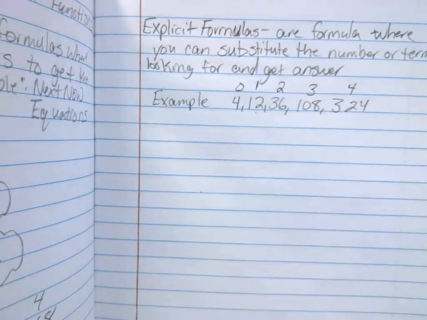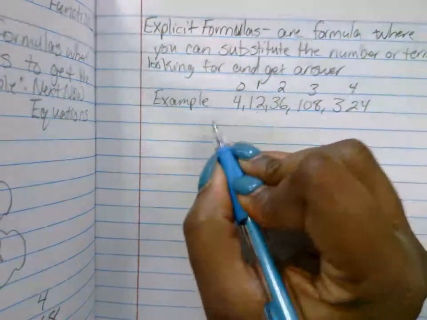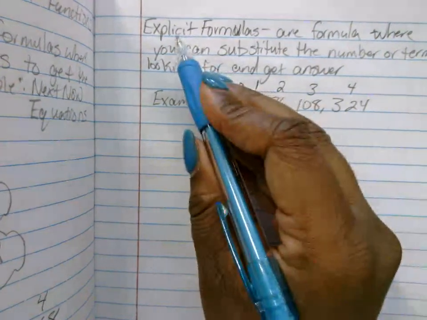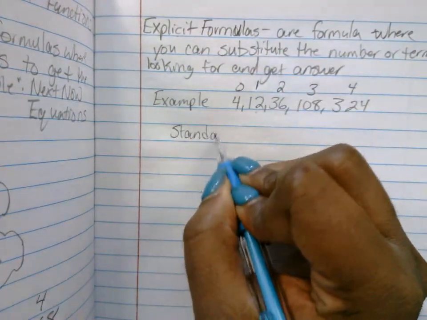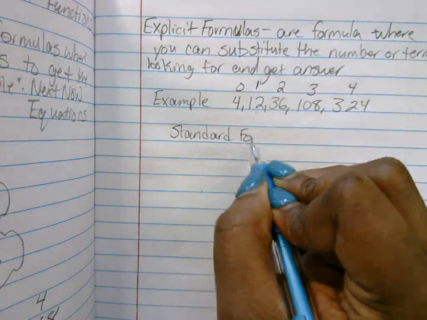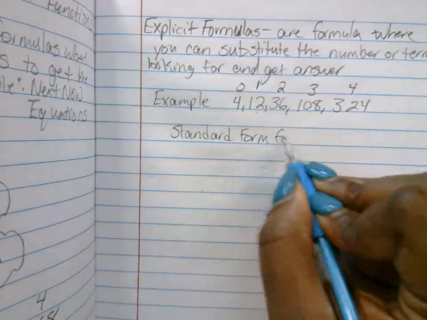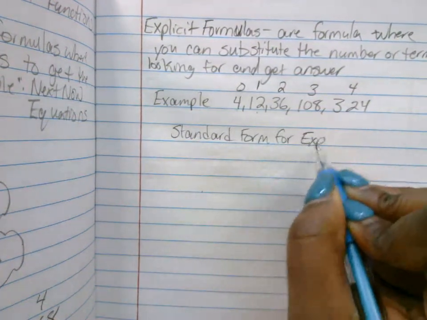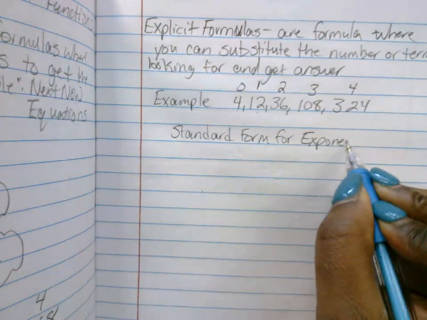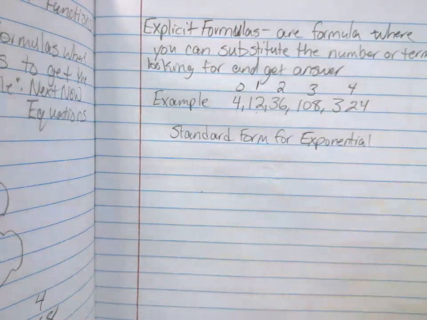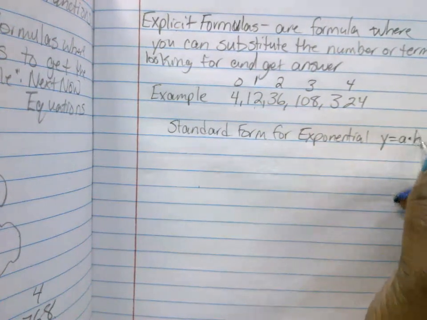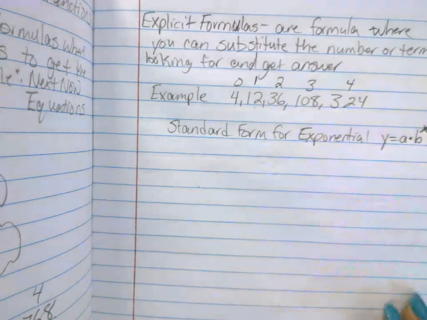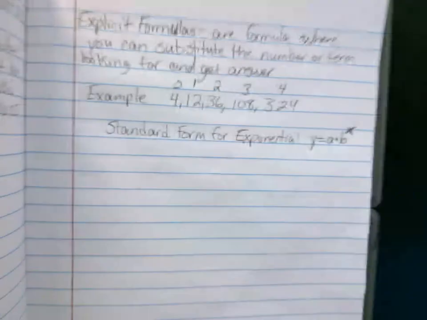Okay, we're going to write the equation in standard form. The standard form for a linear function is an explicit formula. And the standard form for an exponential function is a times b to the x power.